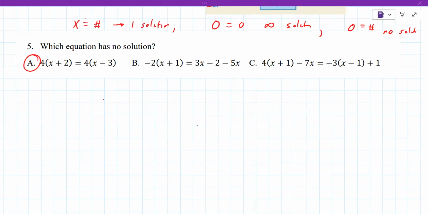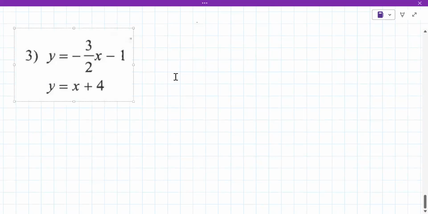Make a new tab. All right. So just throw something kind of different at you here. Let's say I gave you a system of equations like this. How would you solve this system? Substitution. Okay, I want you to substitute and solve for x and let me know what you come up with. Okay.